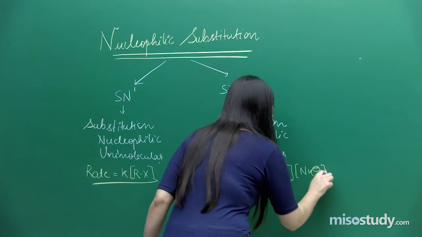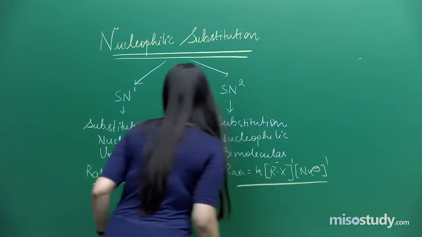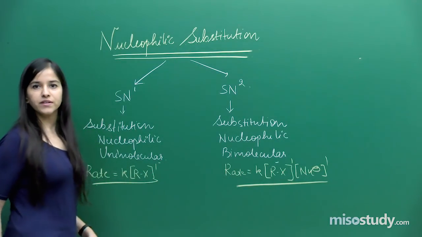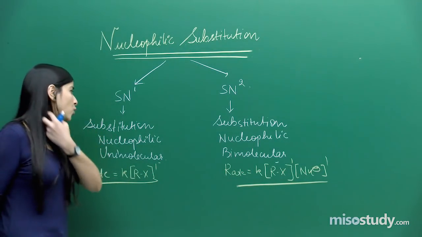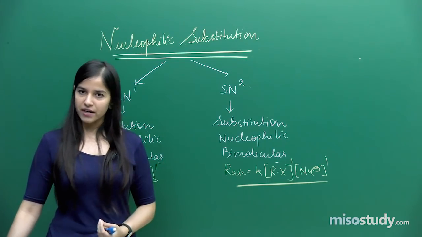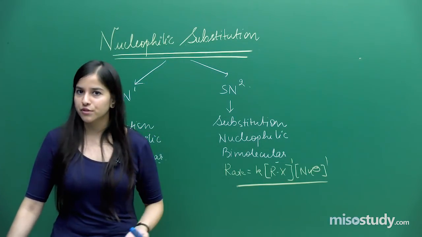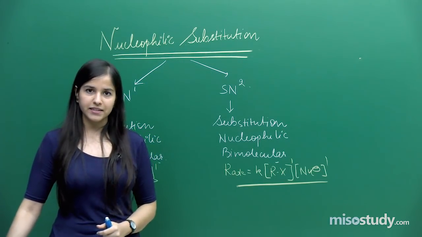Fine. So the order over here is 2 and the order over here is just 1. That is how we consider the substitution nucleophilic reactions, right? Either you can write it as a nucleophilic substitution or substitution nucleophilic. Either of the ways is correct.